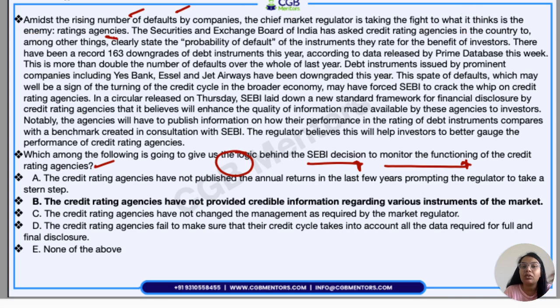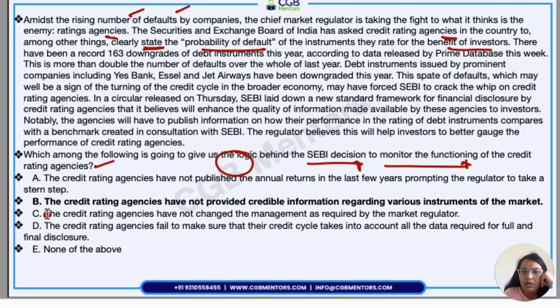So यहाँ पे we get to know that अभी तो ये rating agencies के ऊपर के पीछे पड़े हुए हैं. So SEBI has asked the agencies in country to, among the other things, clearly state probability of default of the instruments they rate for the benefit of investors.